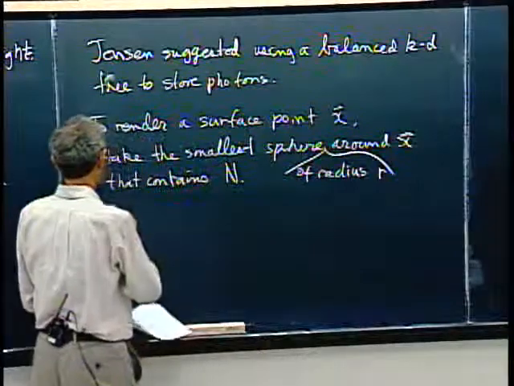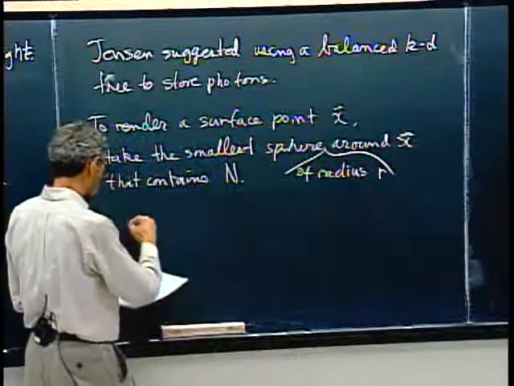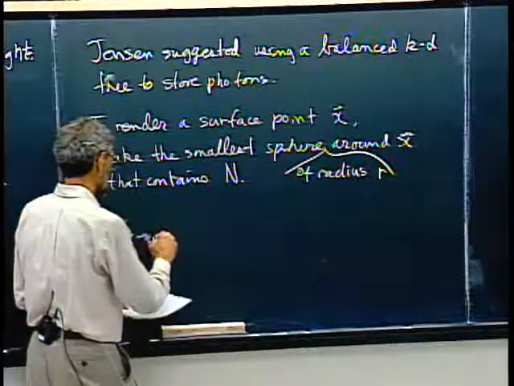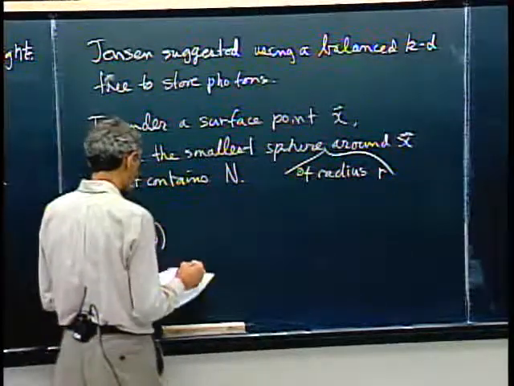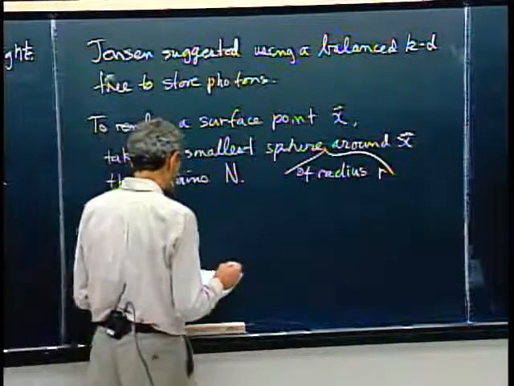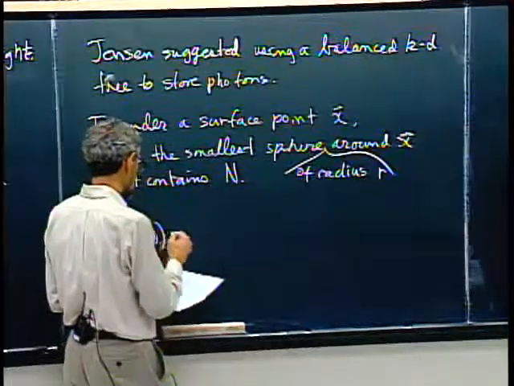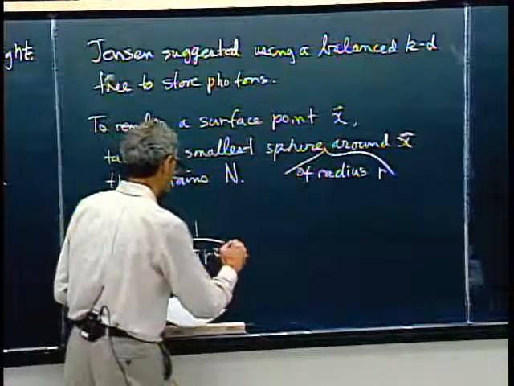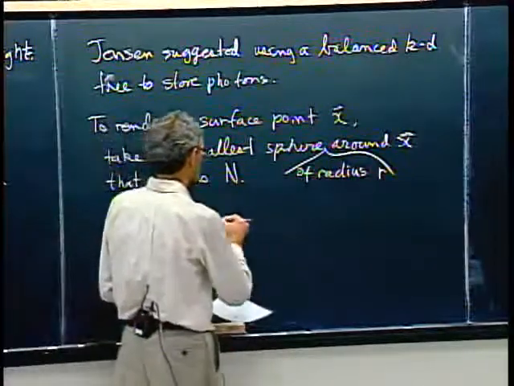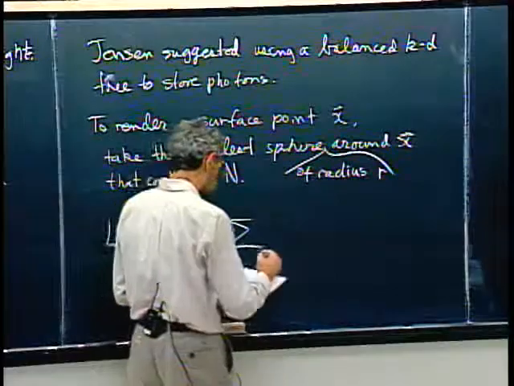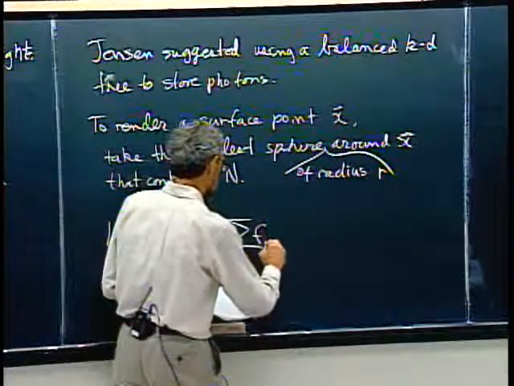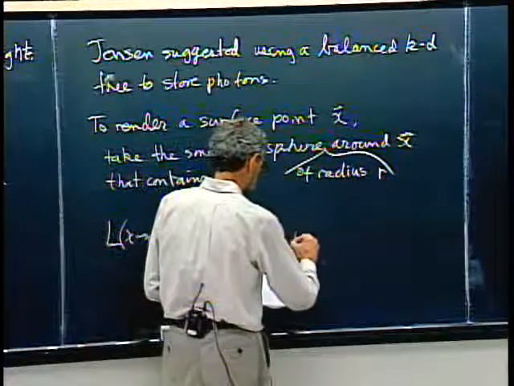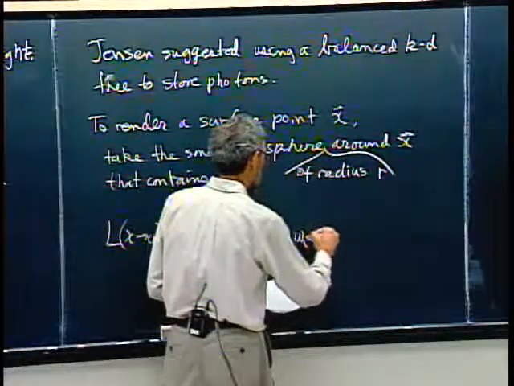And so here I'm going to write the formula in the book the way they wrote it. L x omega. The light coming out from x in a direction omega is 1 over pi r squared, that's the area factor, times the sum of the bidirectional reflection function at x for light coming in, say, in omega i and going out in omega.